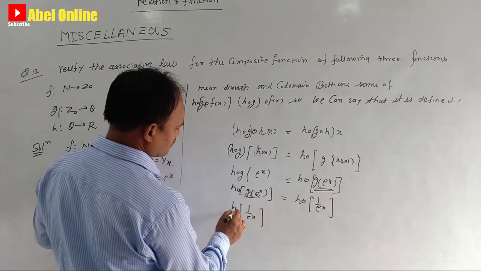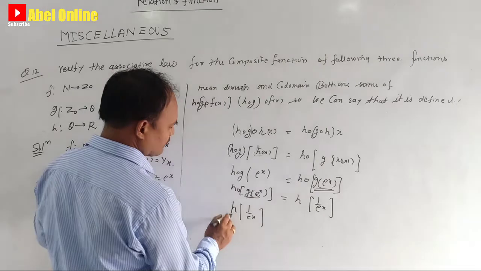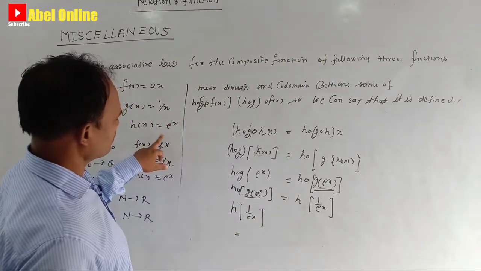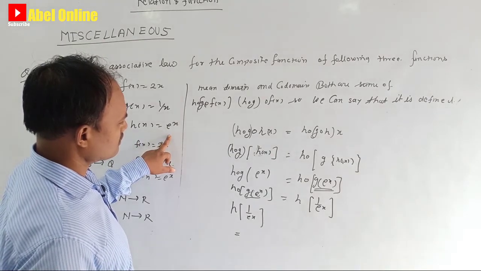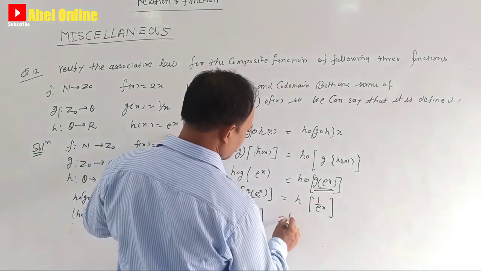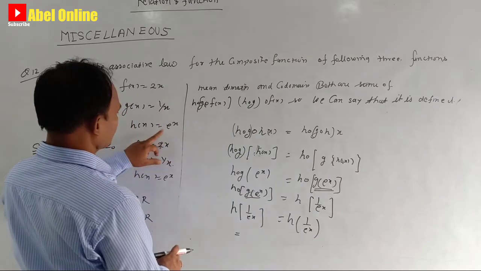So now it is closed. h of e to the power x means h of 1 upon e to the power x. So what is the value of x?